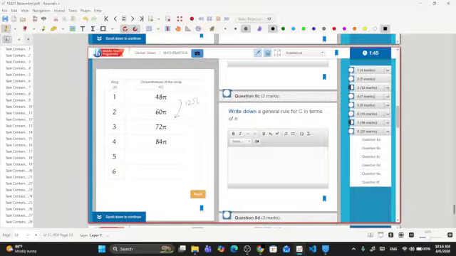So the equation is A plus n minus 1 multiplied by D. The first term A is 48 pi, plus n minus 1 multiplied by the common difference. The common difference is 12 pi. So we have 48 pi plus 12 pi n minus 12 pi.